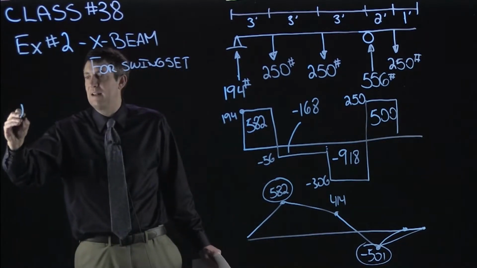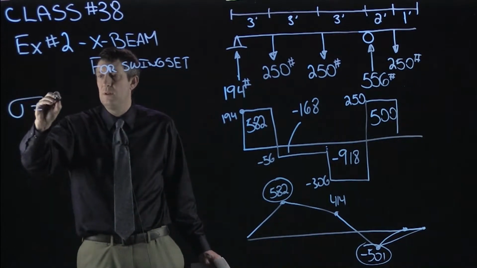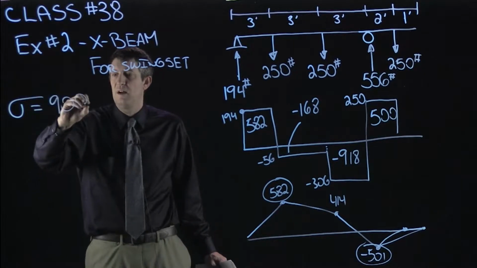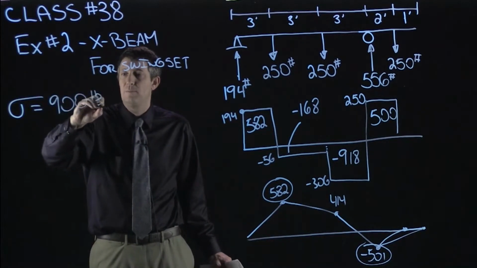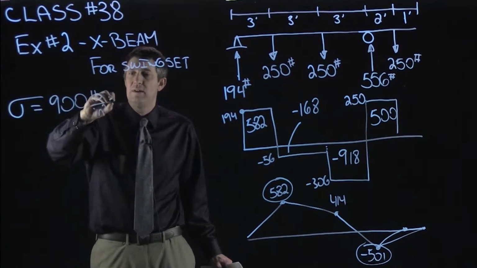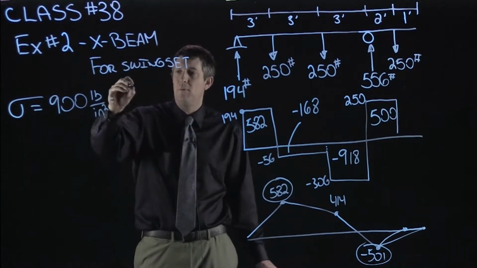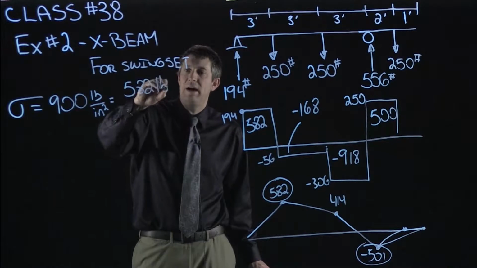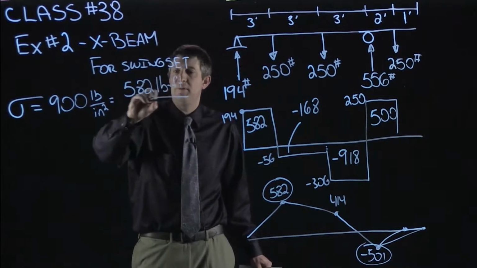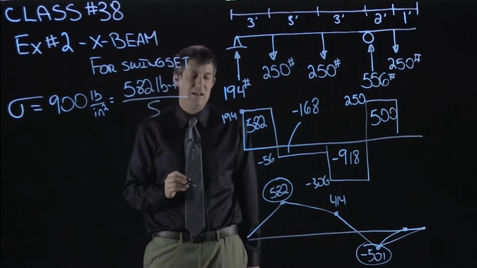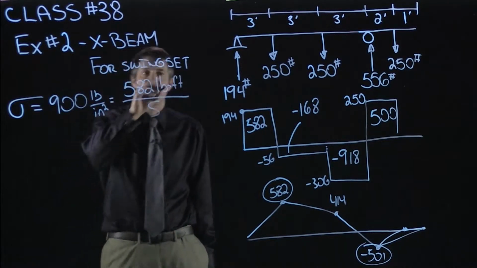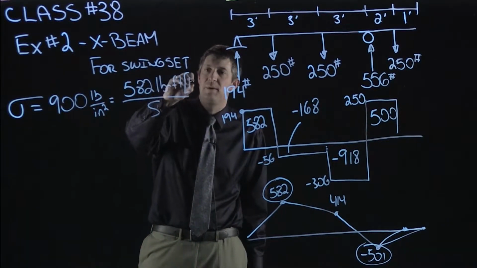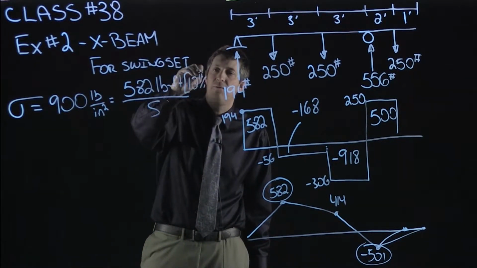So I'm going to go back and I'm going to use my same equation, that same stress of 900 pounds per inch squared. It's going to equal my maximum moment, 582 pound-feet. And I'm going to divide by S. I rearranged some terms, but I need to make sure I multiply this by 12 inches per foot.